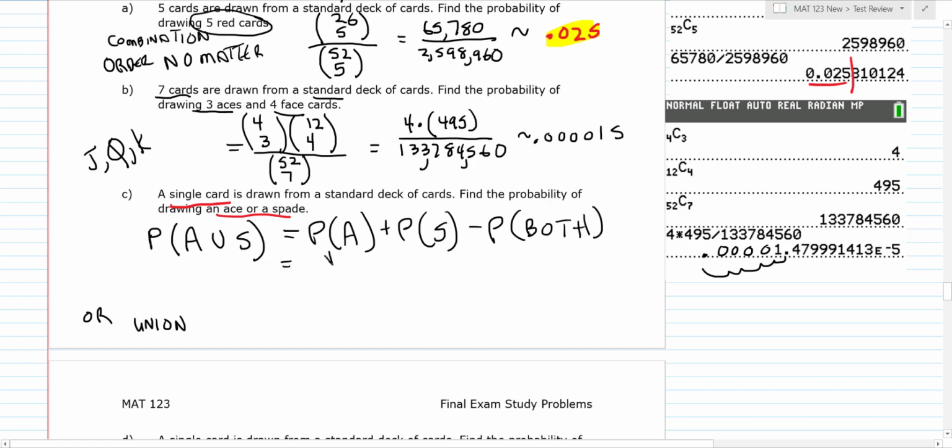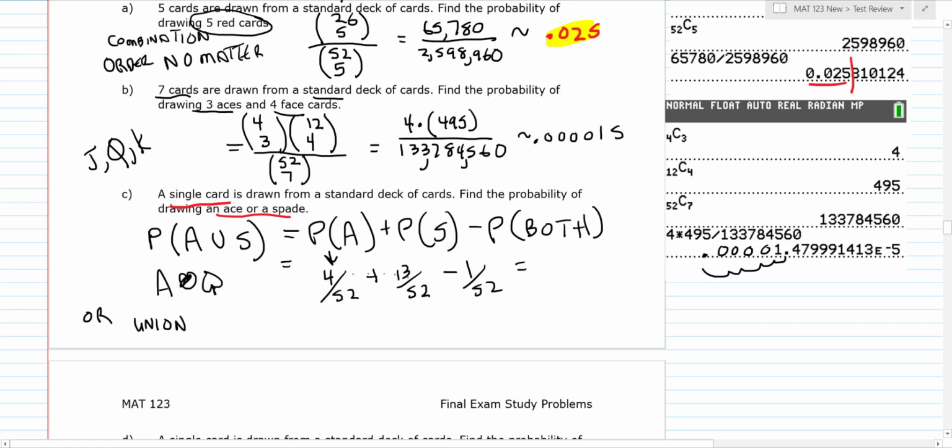There are 4 aces in a deck out of 52. There are 13 spades in a deck of 52, but there's only 1 ace of spades, so that would be minus 1 out of 52.